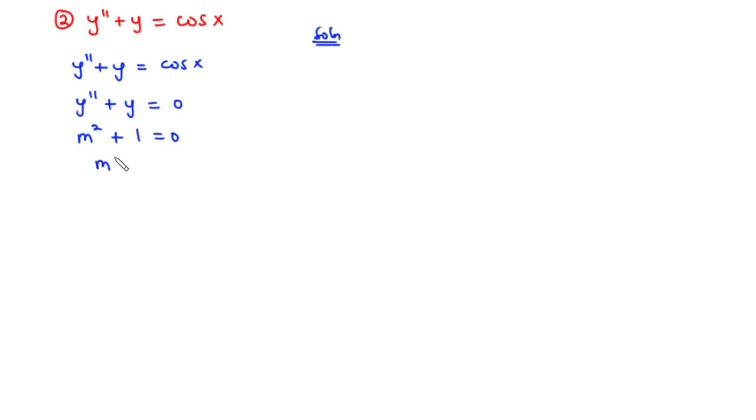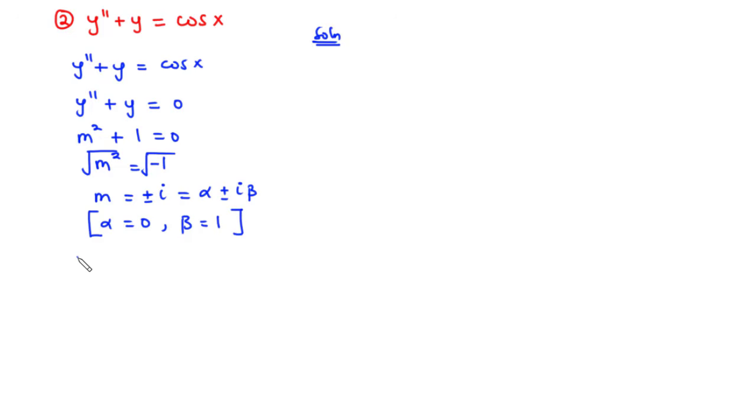Now we can transpose 1 to the right hand side so that we have -1, and then we take the square root of both sides so that we have m equals, now the square root of -1 is plus or minus i, and that is equal to alpha plus or minus i beta. Therefore, by comparing, we have alpha equals 0 and beta equals 1.